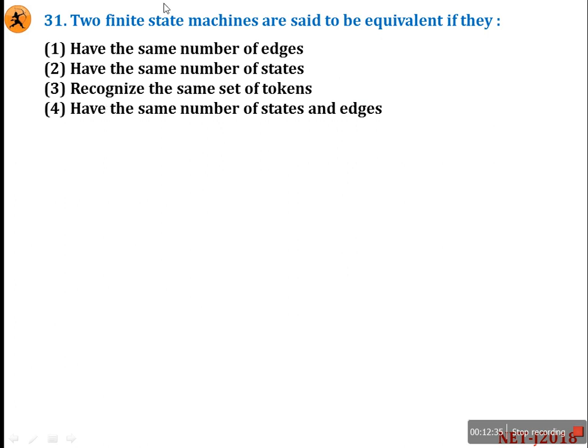But usually a finite state machine is used to recognize tokens. In compiler design, for any programming language, C, C++, the first step is to recognize the tokens. So they recognize the same set of tokens.